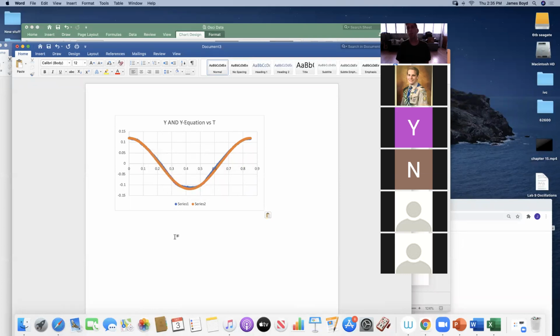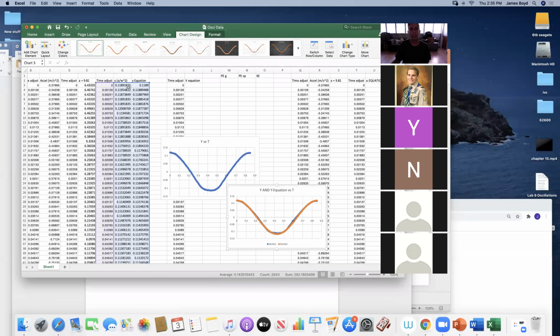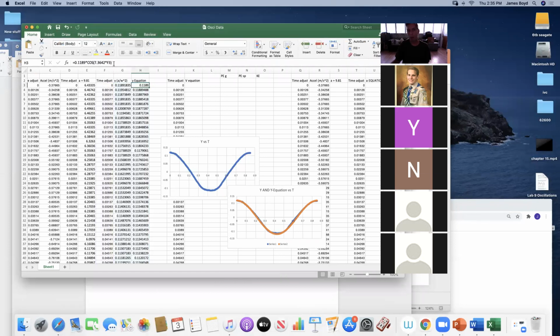It shouldn't, because real data has discrepancies. In particular, there's a little bit of weirdness here where it seems to be pretty good at the top and kind of low at the bottom. We could actually fine tune this a little bit by adjusting our Ymax and our omega, and it would change this.